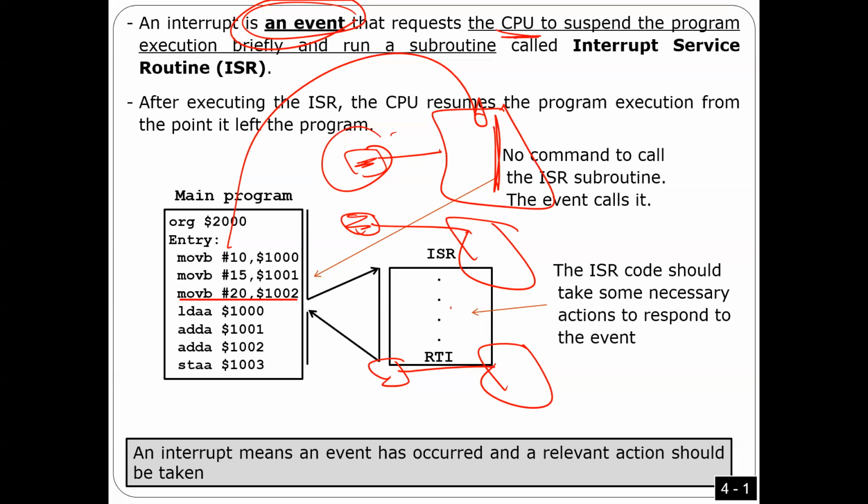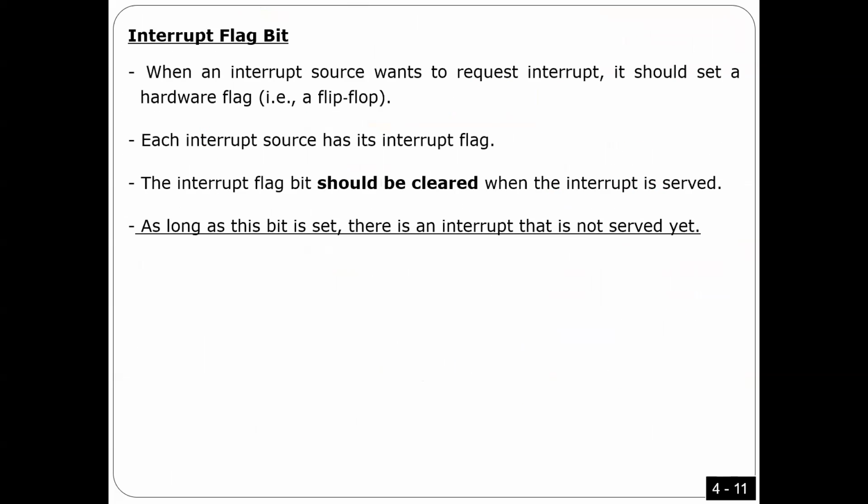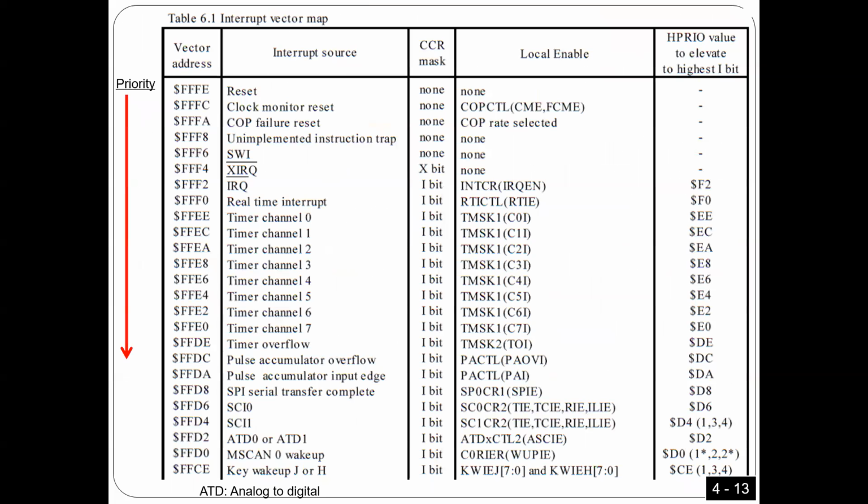But at least, let me jump here and look at how many interrupt sources we have. All of these are sources. An interrupt can come from IRQ, RTI, timer 01, timer 02, and serial communication 0 and serial communication 1.